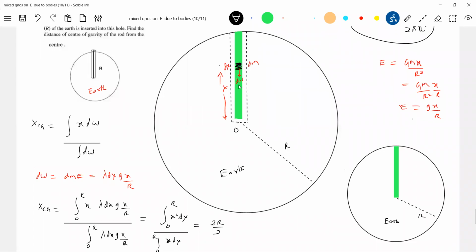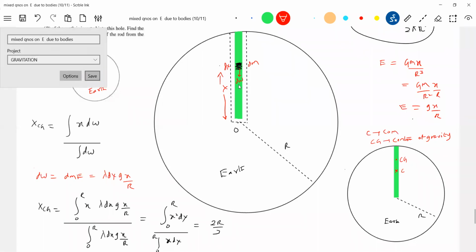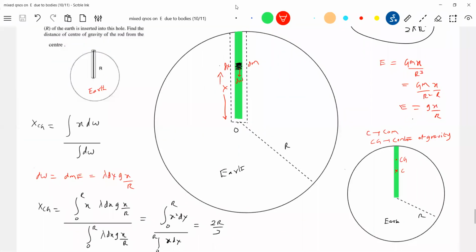Center of mass, we used to show by a star mark here. This is the center of mass. This is the center of gravity. This is a rod. What is that green color? It's a rod.